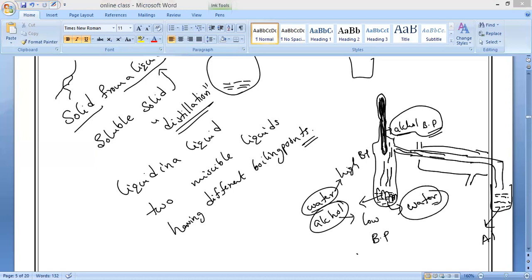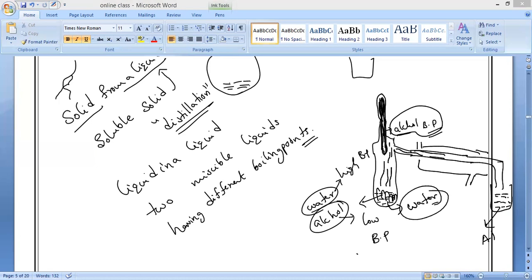So the liquids having, who will evaporate first? Who will distill first? Low boiling point or high boiling point? The liquid having lower boiling point distills over first, and then the liquid having higher boiling point distills later. So please note it down.